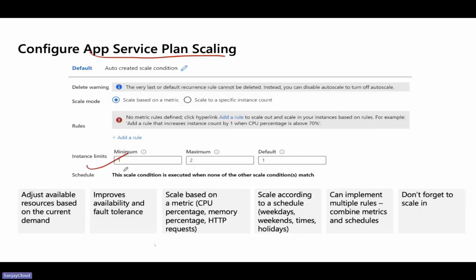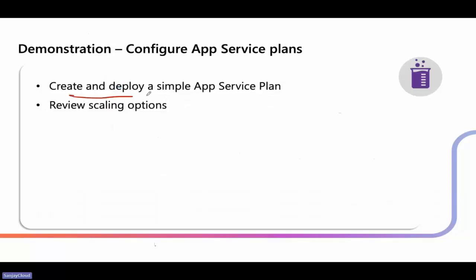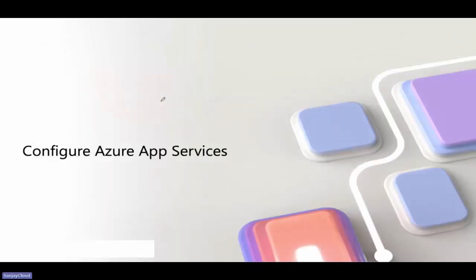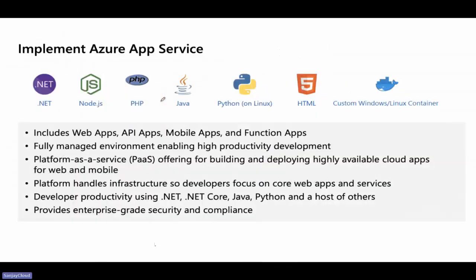I'll show you how we configure it based on a metric threshold, like we already configured for VM scale set, in the same way. Create and deploy a simple app service plan and review scaling options. I'm not just going to review it, I'm going to show you practically how we will configure scaling and how we will test scaling.